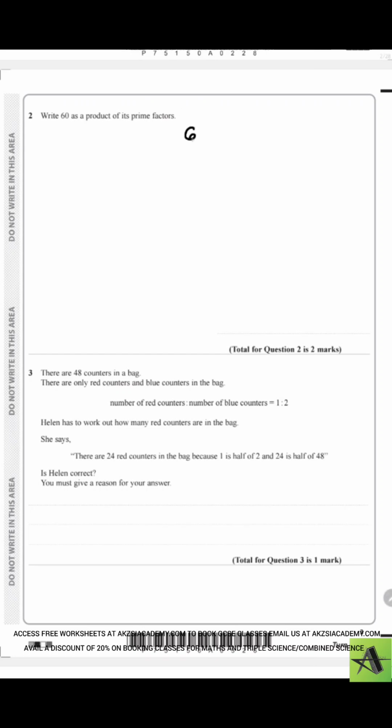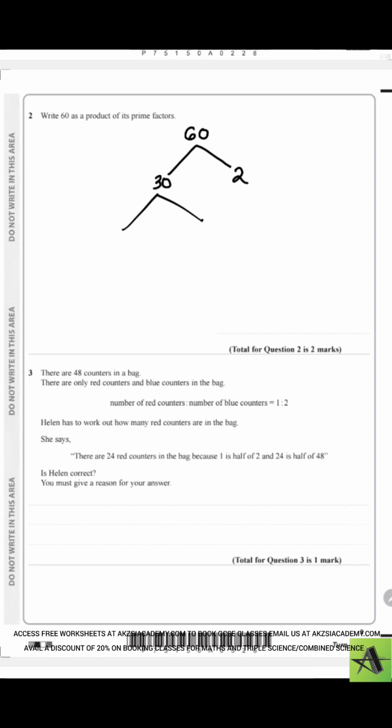So for 60, the factor tree method says you have to make two branches, branch 1 and branch 2. In the first branch, I'll write the smallest possible prime number that can divide 60, and clearly that is 2. So I'll write 2 here. On the other branch, I'll write 60 divided by 2, which will give me 30. Again, it will be split into two branches because 30 is not a prime number.